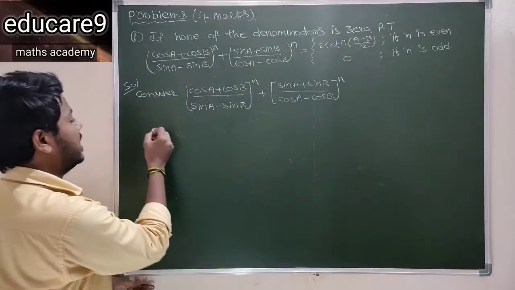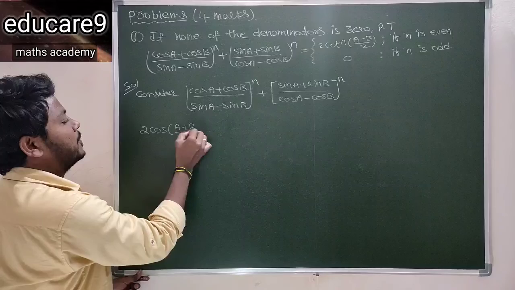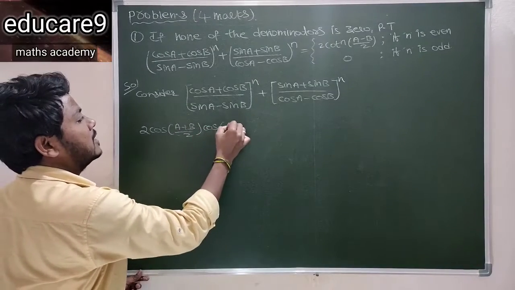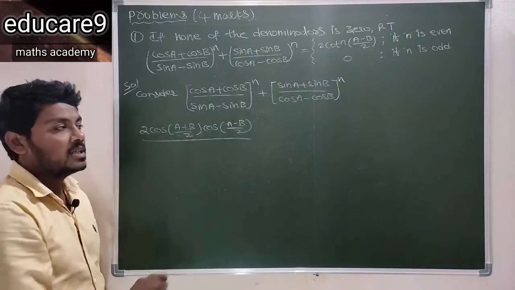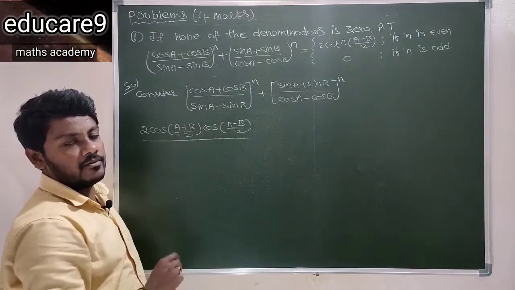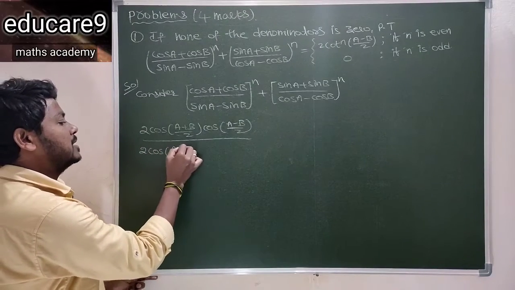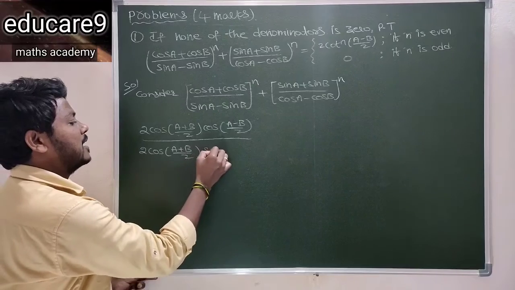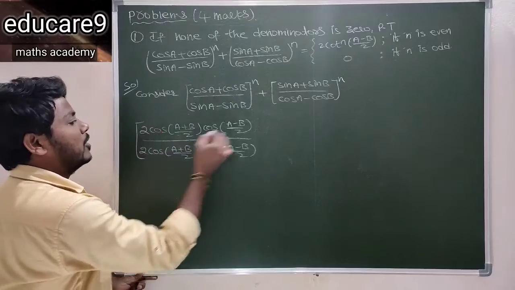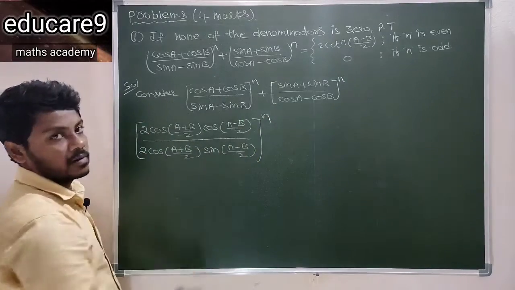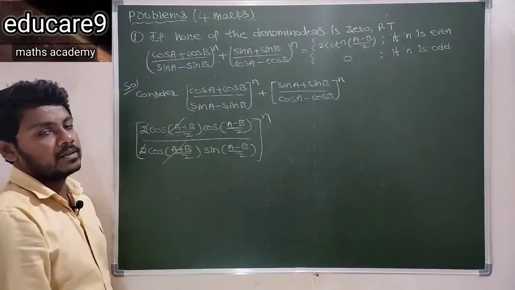So this can be written as 2 cos (a plus b) by 2 cos (a minus b) by 2, divided by the sin c minus sin d form, that is 2 cos (a plus b) by 2 sin (a minus b) by 2, whole to the power of n. So here 2 gets cancelled, and cos (a plus b) by 2 gets cancelled.